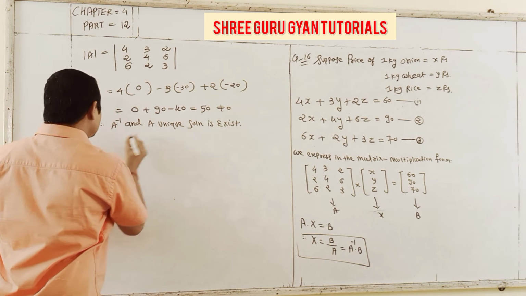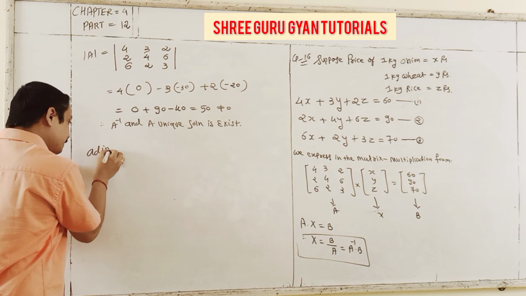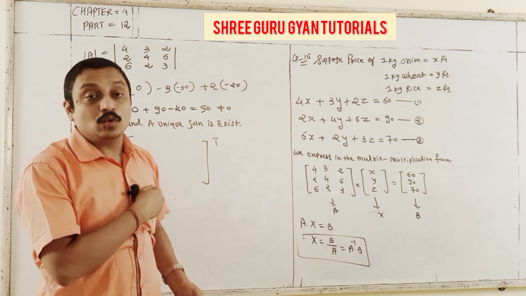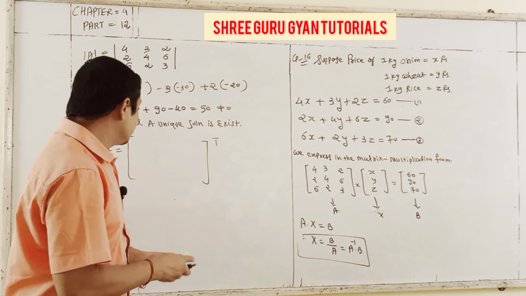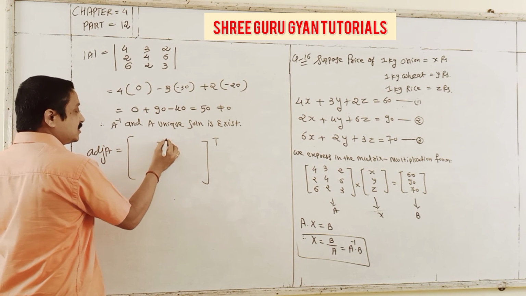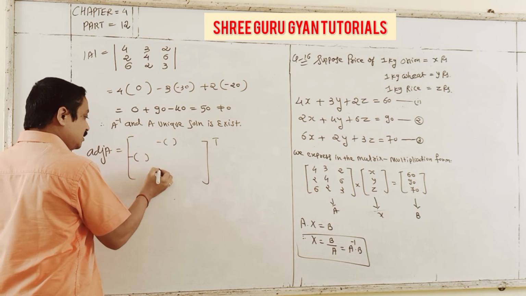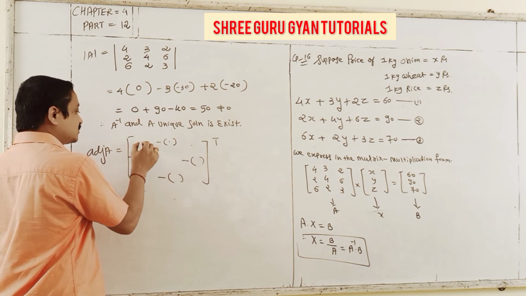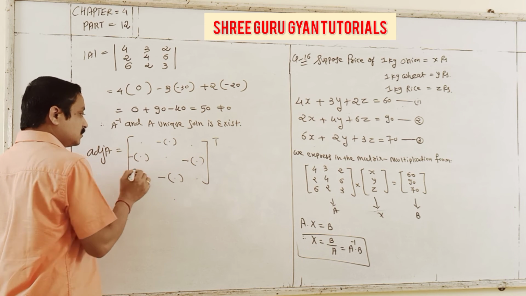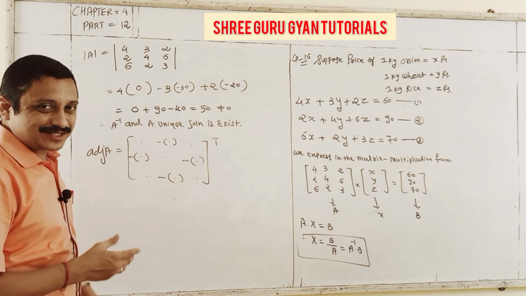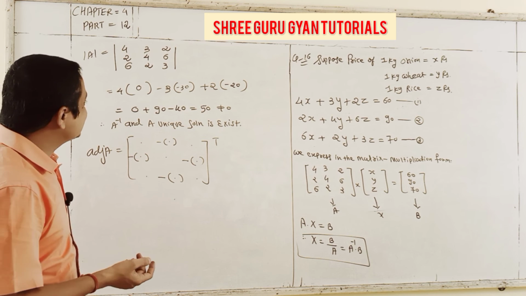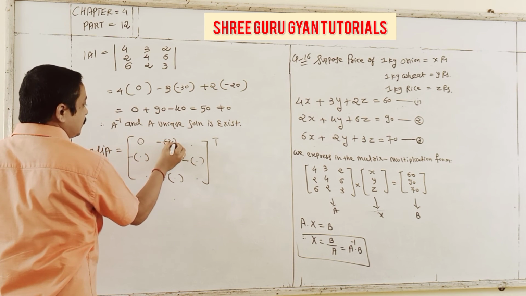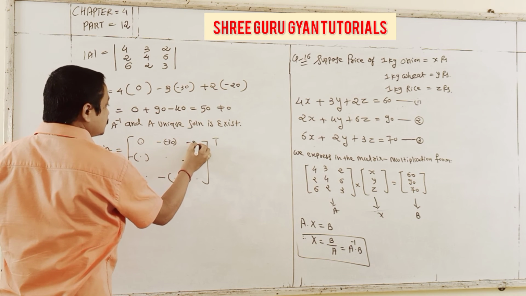So now I will find the adjoint of A. It is the transpose of the cofactors, and students, they must be checked position by position. The first cofactors, as already written, are 0, minus 30, minus 20.